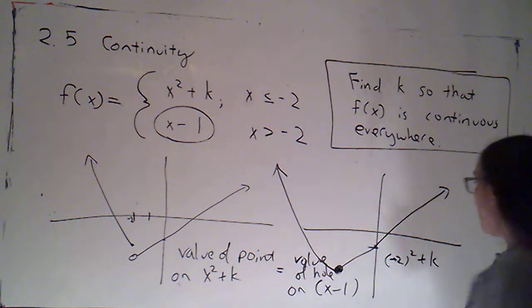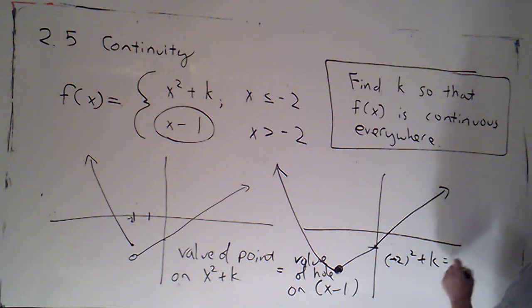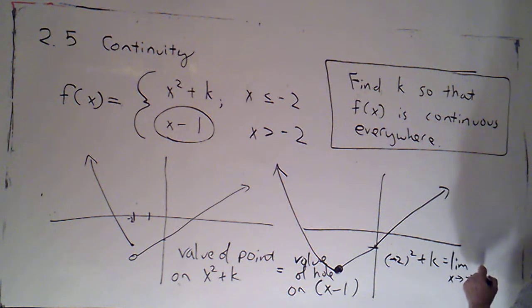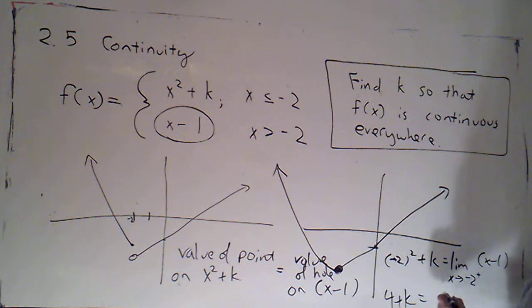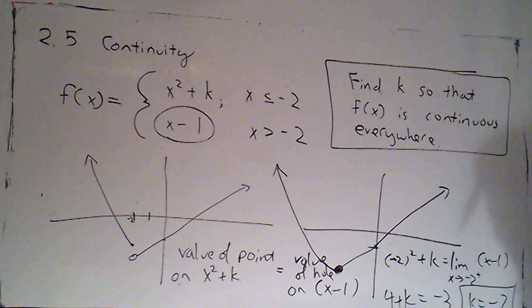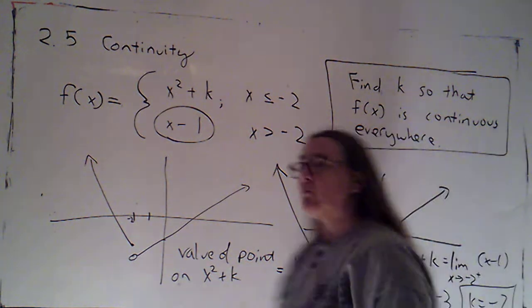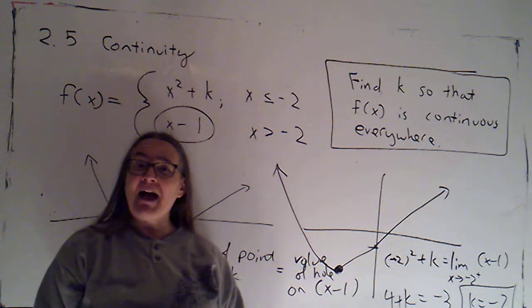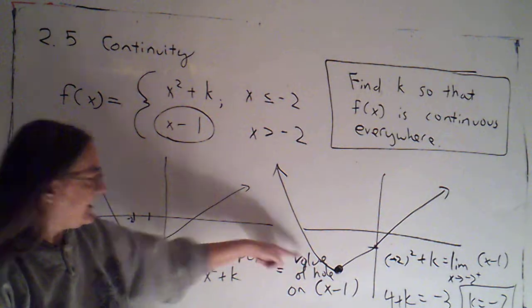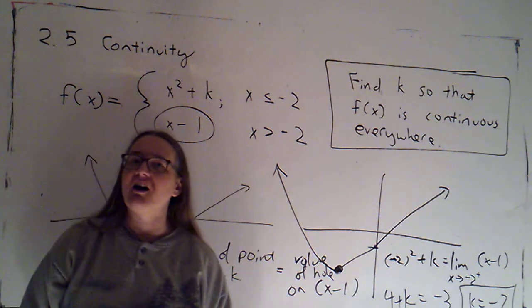For the value of the hole, that's just going to be the limit as x approaches negative 2 from the right of x minus 1. So this is going to be 4 plus k equals negative 3. And again, k equals negative 7. So whether you're thinking about it more algebraically or geometrically doesn't particularly matter, but I think it's nice to see the geometric interpretation of that algebra.